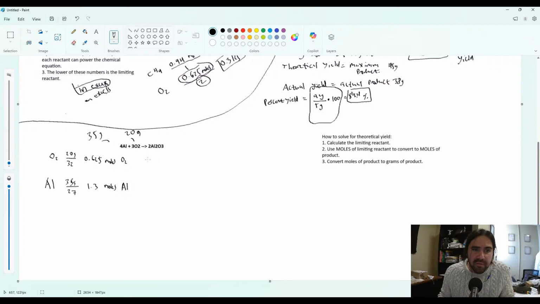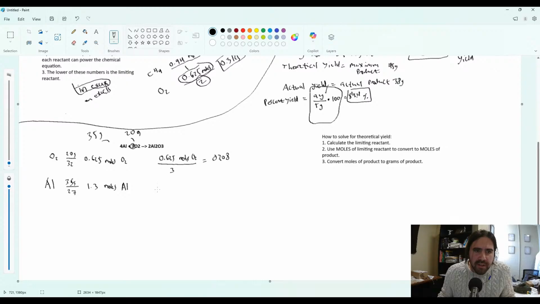In order to do that, we take our moles of O2 and divide it by its corresponding coefficient. The coefficient here is 3. So 0.625 divided by 3 is 0.208.